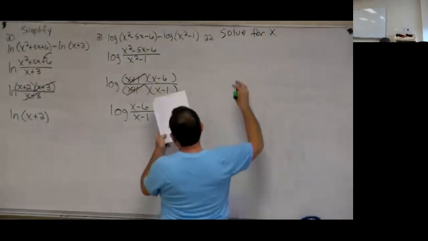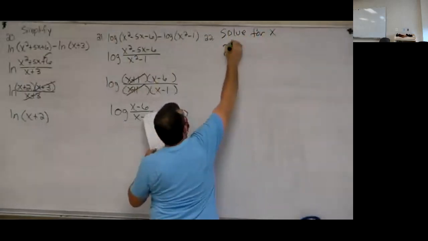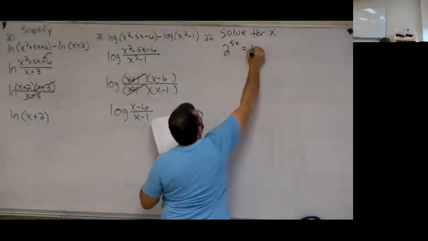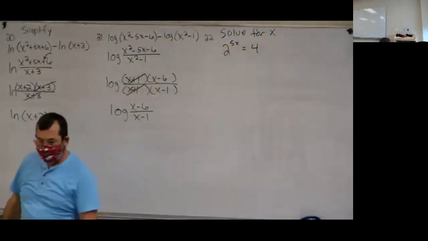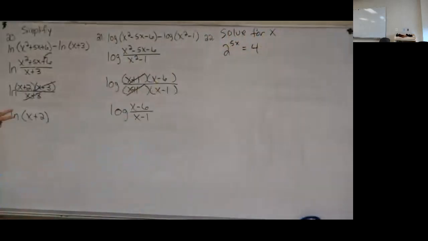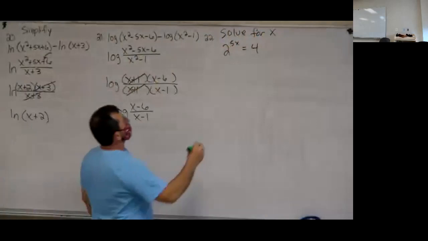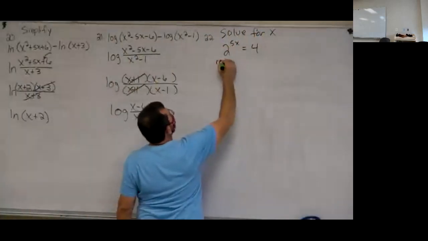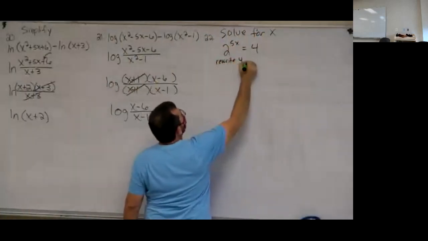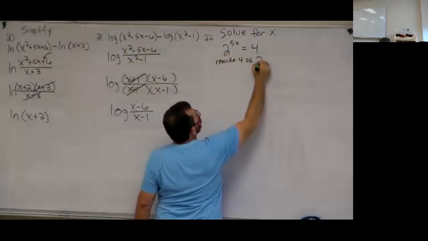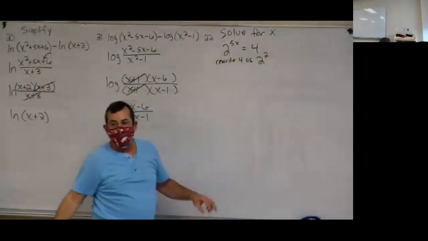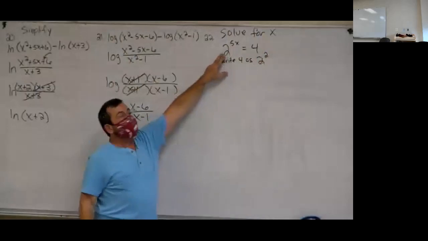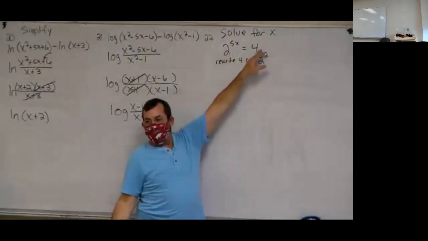So the first one, I got 2 to the 5x equals 4. So you're going to have 2 of these exponential equations. One you're going to be able to rewrite, the other one you're not. I can rewrite this one. So I'm going to rewrite 4 as 2 squared. Since I got a base of 2 here, I wanted that side to have a base of 2 also, okay?